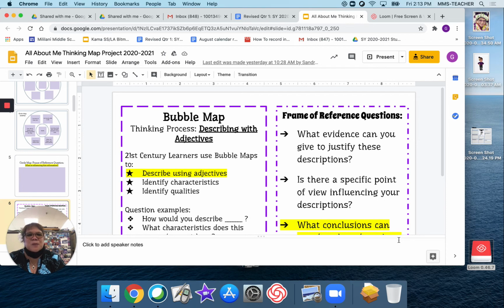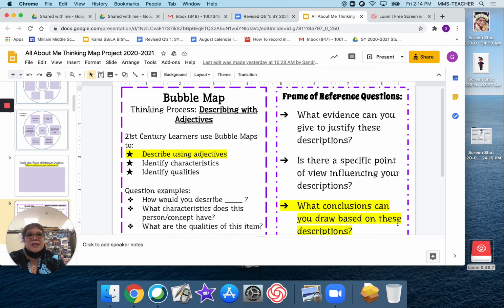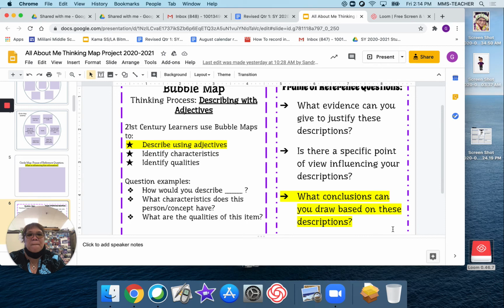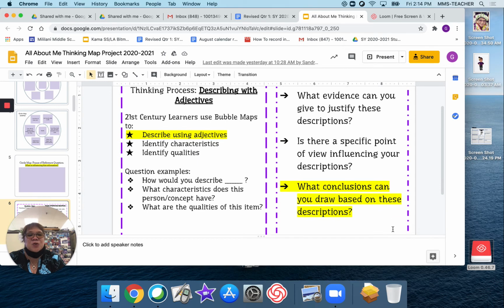Is there a specific point of view influencing your descriptions? What conclusions can you draw based on these descriptions? So again, the ones that are highlighted are what you are using to generate your answers for the bubble map and the frame of reference for the bubble map.